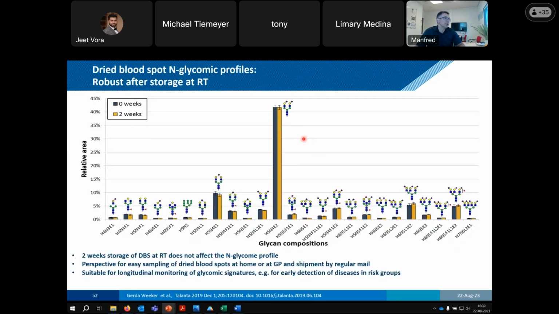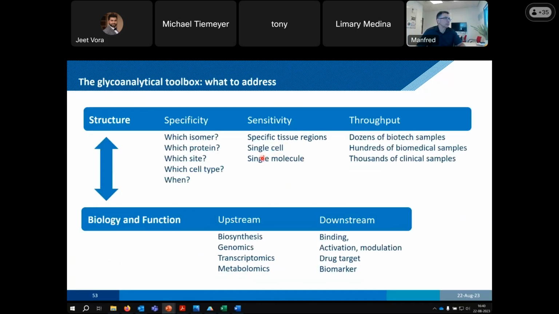The nice thing about these signatures from dried blood spots is that you can store them for weeks at room temperature, and you don't see a clear change of the glycomic signature. So these are very robust and stable, and give quite a potential, for example, for sampling at home, shipping these dried blood spots, and then maybe measuring at an omics lab and getting clinically relevant information.